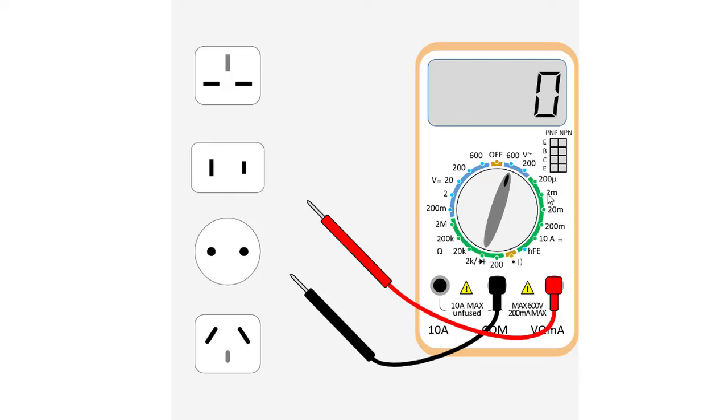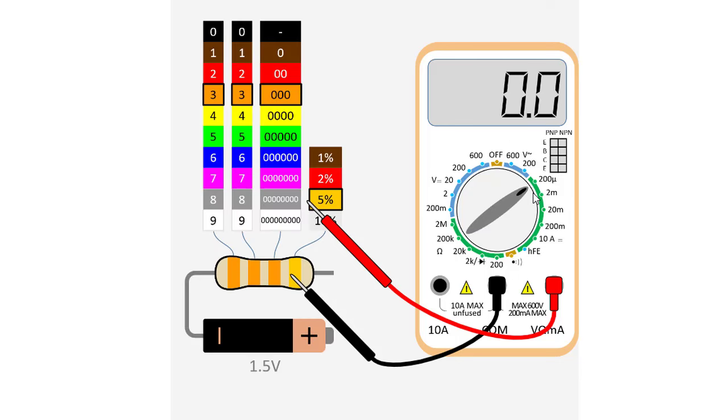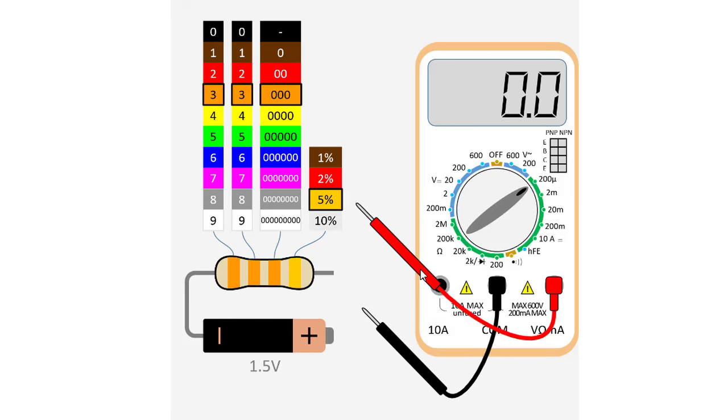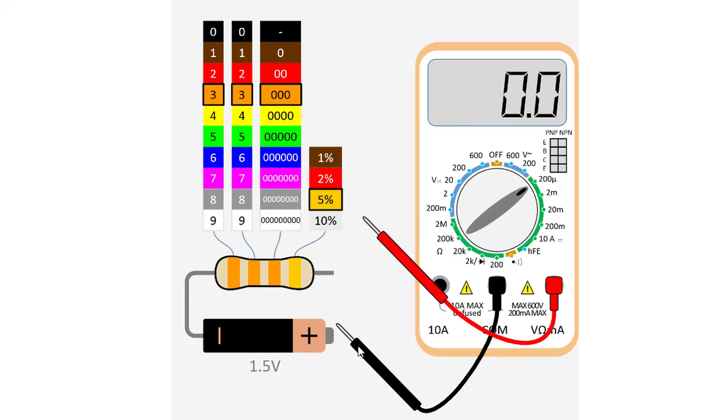Now next we will measure current. So let's measure current here. For measurement of current, we have to connect the multimeter as an ammeter.